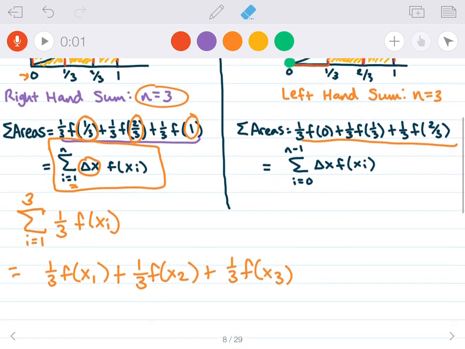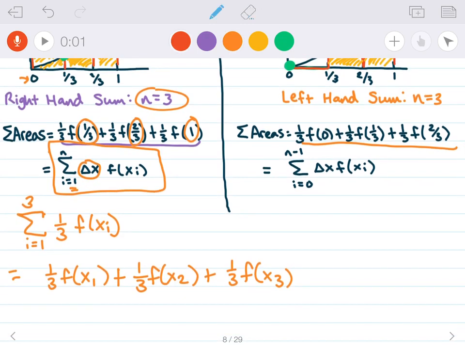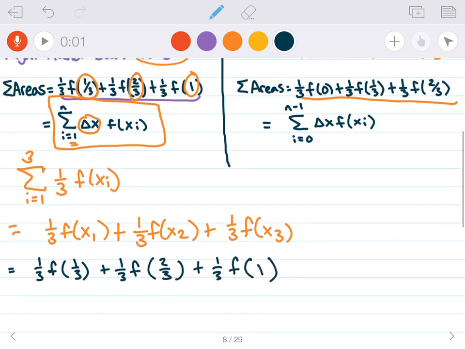All right, so let's go ahead and compute this. This is equal to a third times f of a third plus a third times f of 2/3 plus a third times f of 1. And again, this is just coming from our x squared, that's our function.